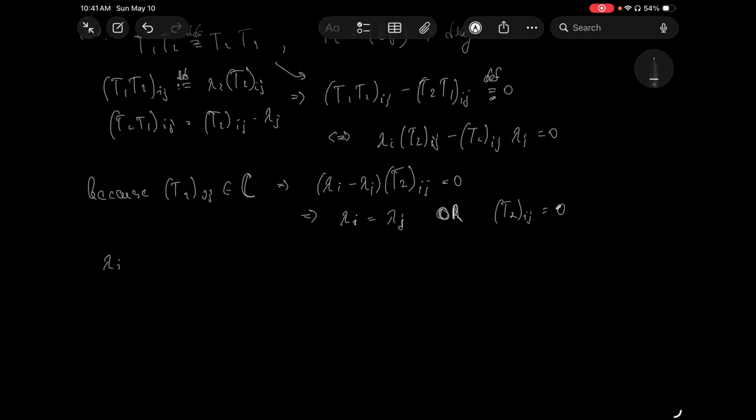If lambda i is not equal to lambda j, this is equivalent to lambda i minus lambda j not equal 0, which means that lambda j minus lambda i is not equal 0. And that essentially means that T2 ij equals 0. So we just commuted them. Right. And that also means that the conjugate value of T2 ji equals 0.